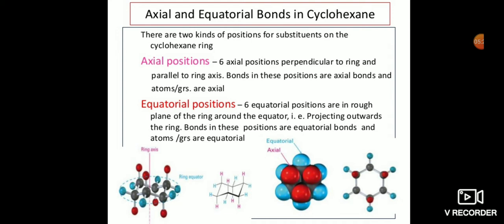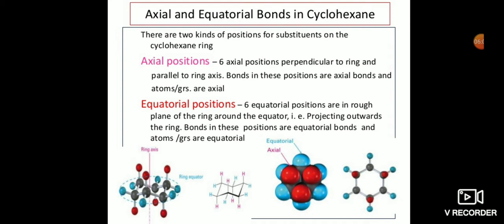You can see in the structure below that a ring axis passes through it. In the first structure you can see the ring axis; whatever the ring structure, the axial positions are perpendicular to it and parallel to the ring axis.